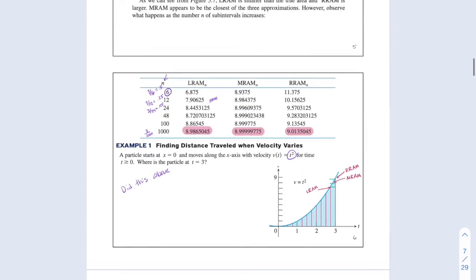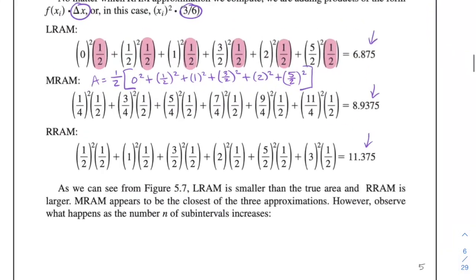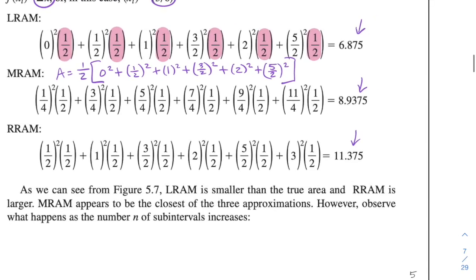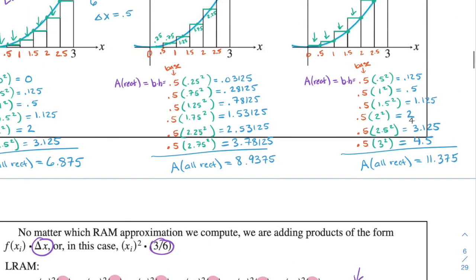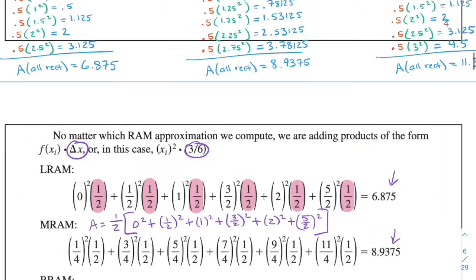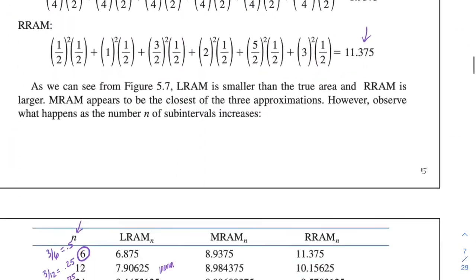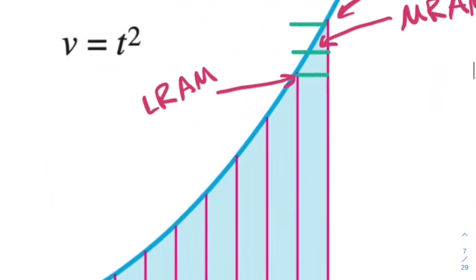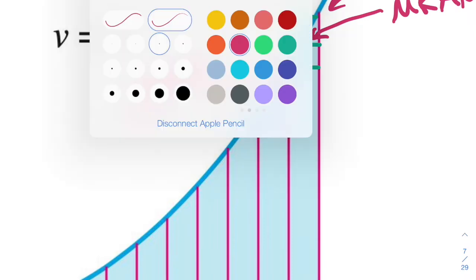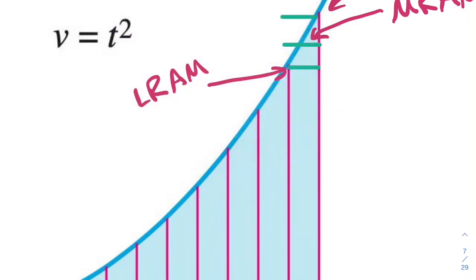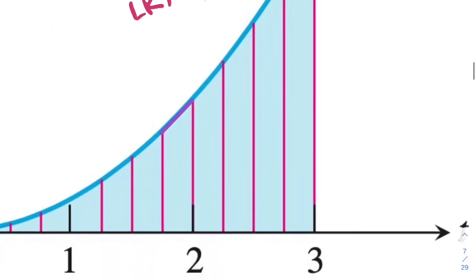Trapezoid rule, when you are... Here's the trapezoid rule. Ready for this? If I were to connect... Let me go back to this example. If I were to connect the rectangles this way. Let's say I connected them this way. Okay?